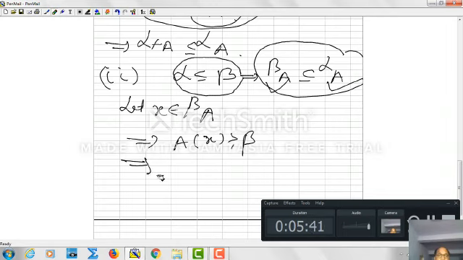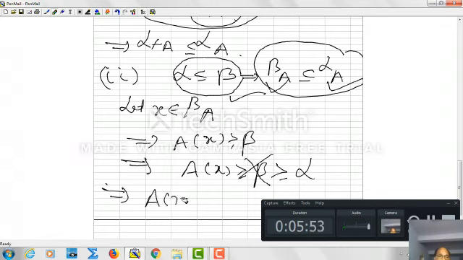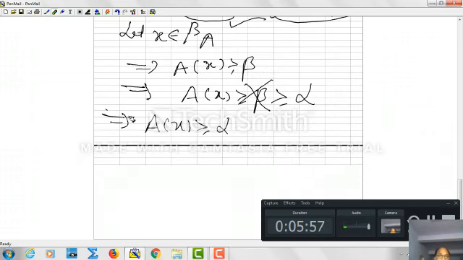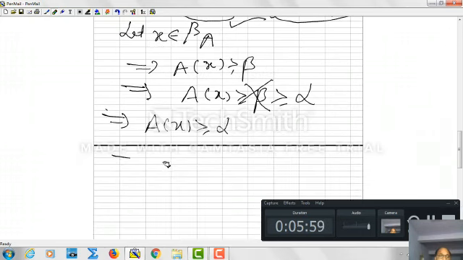So A(x) is greater than or equal to beta and beta is greater than or equal to alpha; it means, cancelling this for a moment, we can write A(x) is greater than or equal to alpha, and so again by the definition, this x belongs to the alpha cut of A.